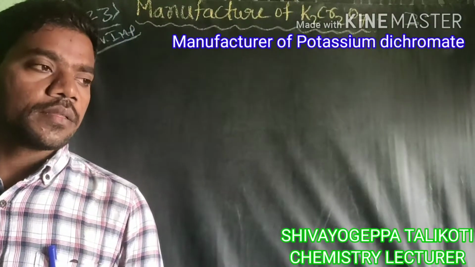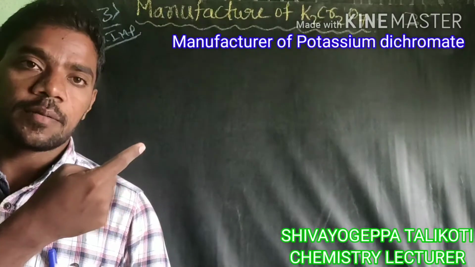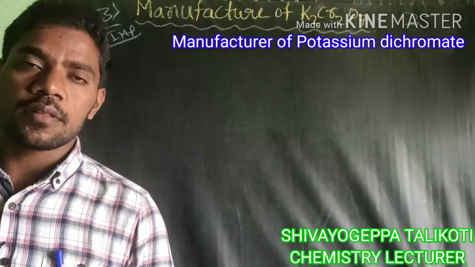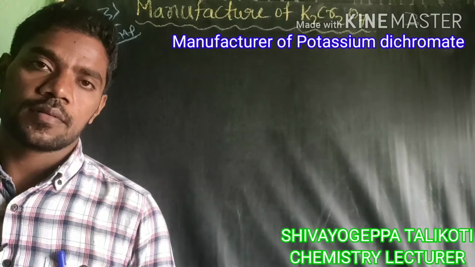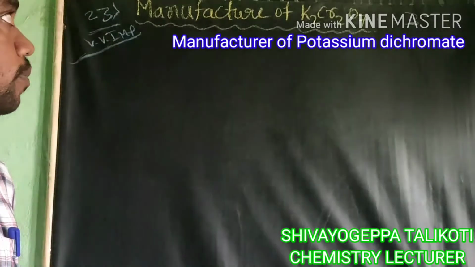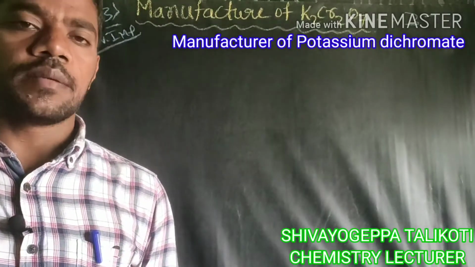That's why I am telling the students, there are only 3 reactions in the manufacture of K2Cr2O7. Please practice them. They are fixed questions, very important, don't miss them. The manufacture of K2Cr2O7 involves some steps.